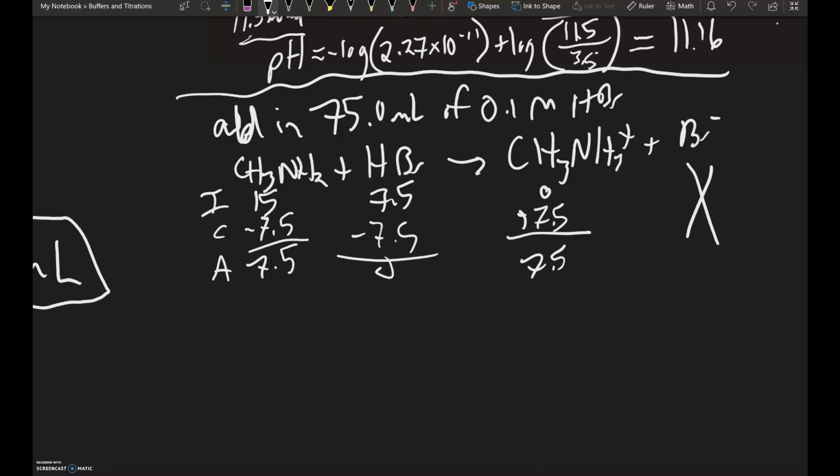Interesting. What we find is that we have equal moles of acid and base, in this case base and conjugate acid. So still use Henderson-Hasselbalch's equation. Plug it in.